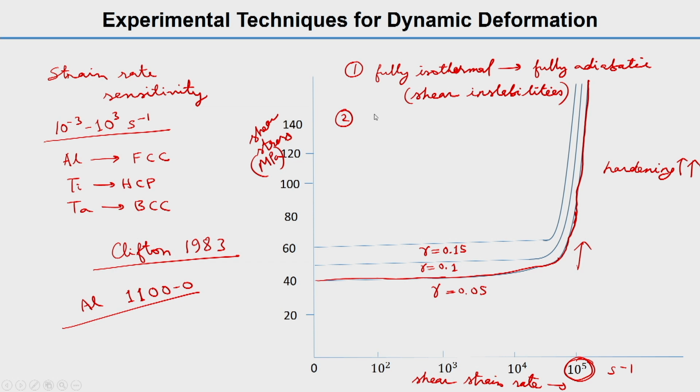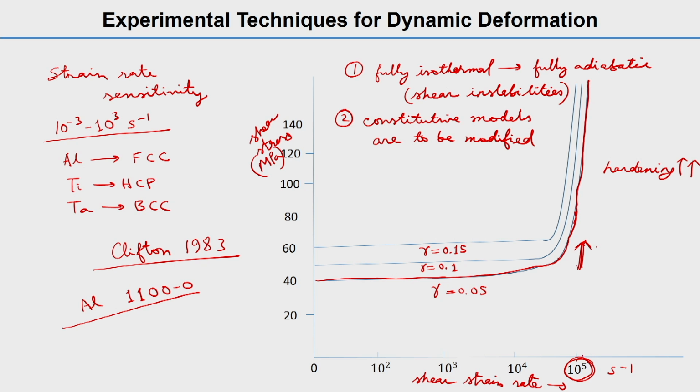Second, the constitutive relations, models like the Johnson-Cook model we have shown, need to be modified for this unusual behavior at high strain rate range.